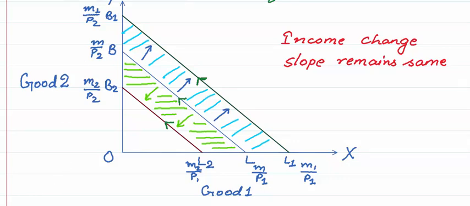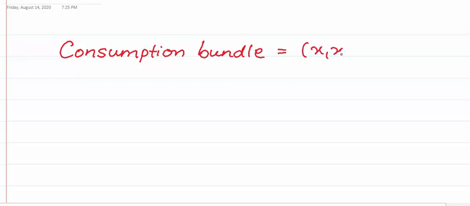Now let us see what will be the effect of change in price of either goods on the budget line of the consumer. We have already assumed that the consumer consumes two goods X1 and X2. So let's take the consumption bundle as X1, X2, a set of two different goods consumed by the consumer.